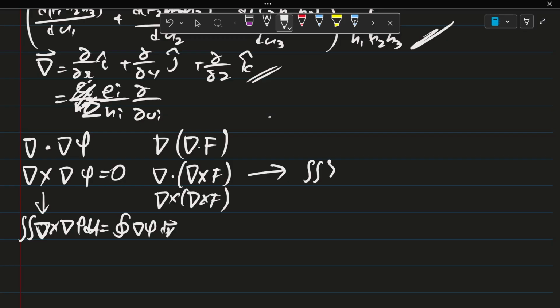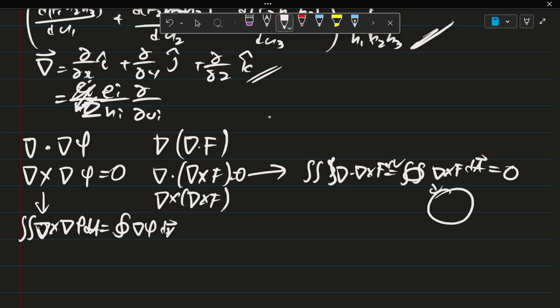You can take the triple integral of the divergence of curl, and what you would gain is the closed integral of curl. Sorry, this is dV, this is dA. And this actually results in 0. And so there are also other ways for you to interpret this. For this one, you could express it as if you have your surface ready.